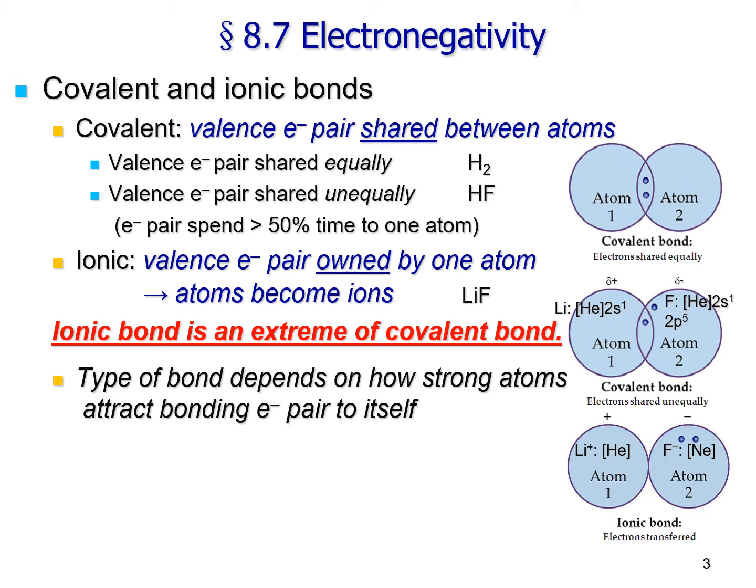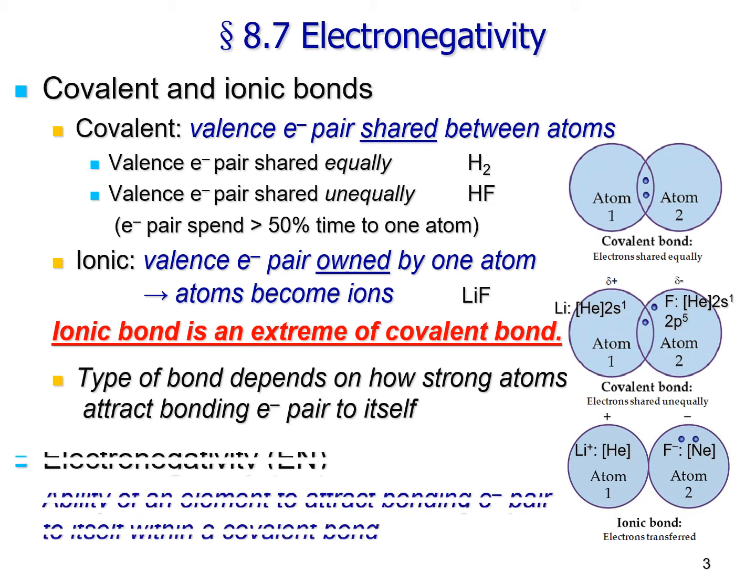All right. Once we have this in mind, a new concept called electronegativity was proposed by Linus Pauling. He states that electronegativity, which we should call EN, is the ability of an element to attract the bonding electron pair to itself within a covalent bond.